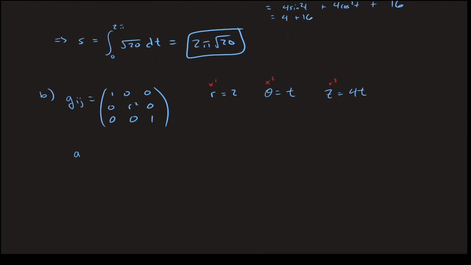So now g_ij dx^i/dt dx^j/dt is equal to 1 times (dr/dt) squared plus r squared times (d theta/dt) squared plus 1 times (dz/dt) squared.